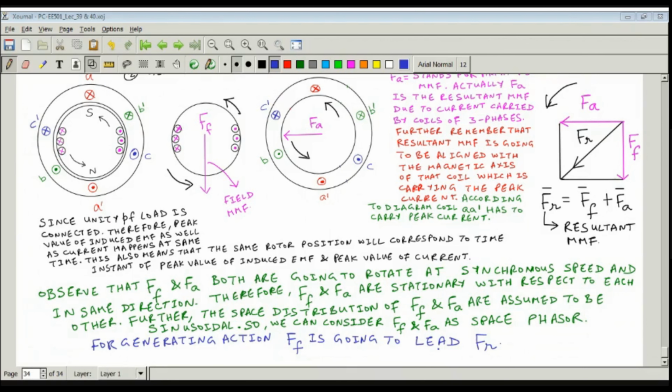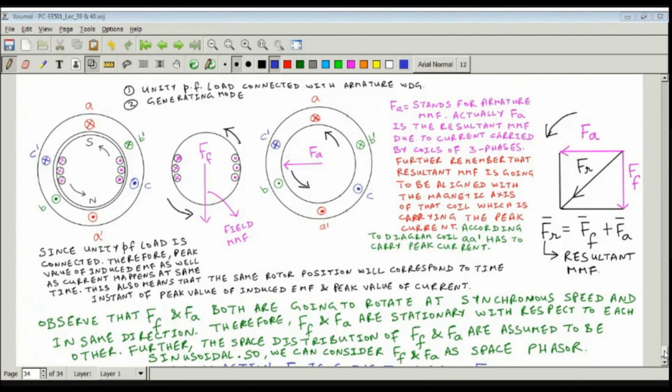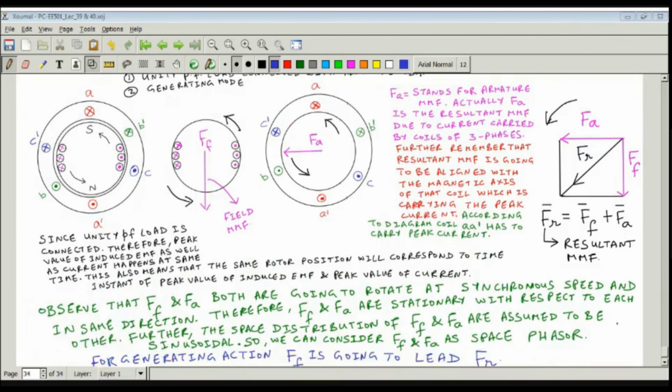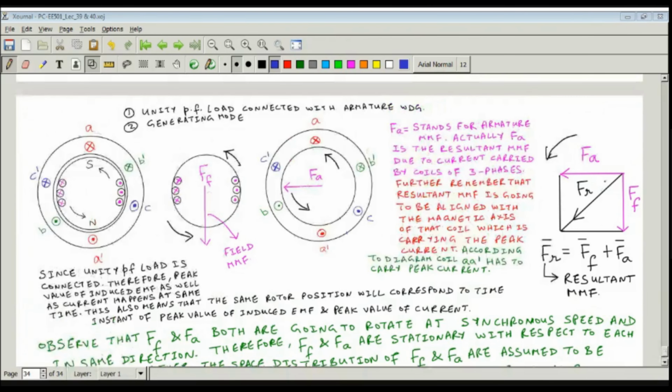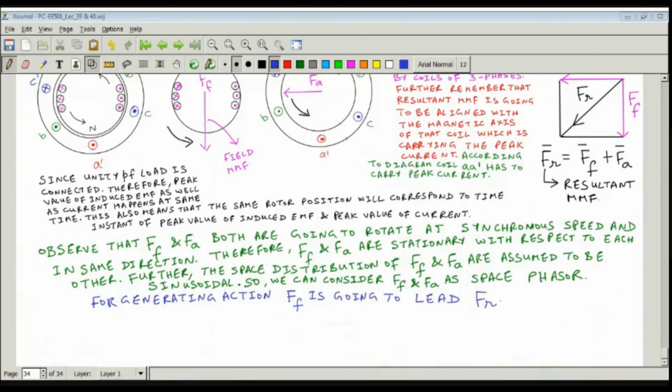Now what is going to happen in motoring action? In motoring action, the direction of armature current will reverse. So thereby the armature MMF FA will reverse, and FR will reverse. In that case, you will find that FR is leading FF.